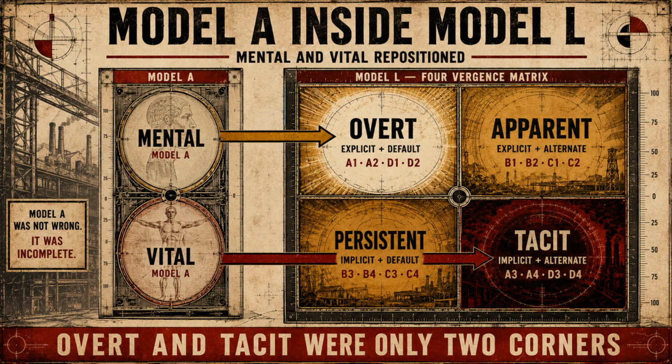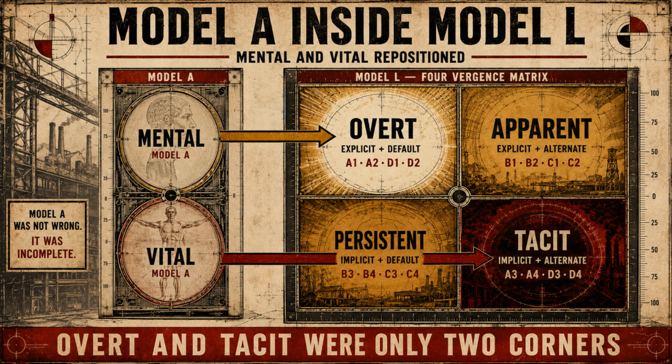The vital ring corresponds to tacit vergence, implicit and engaged as an alternative. These functions are still real, still active, still part of the type, but they usually remain beneath the surface and are brought forward more indirectly, more electively, or in response to circumstance.